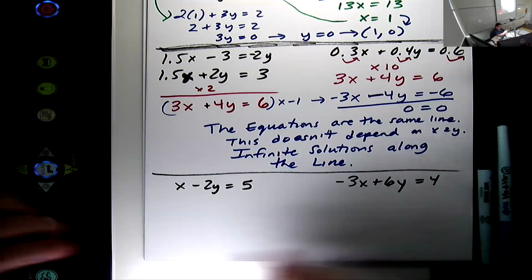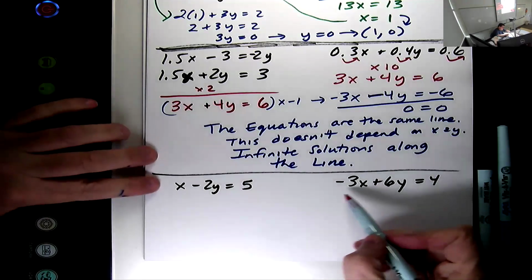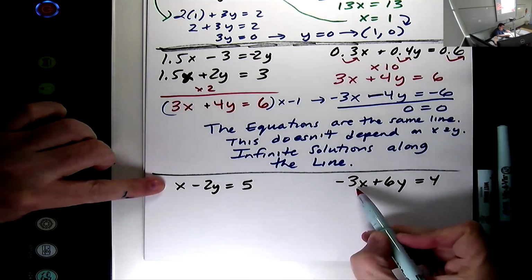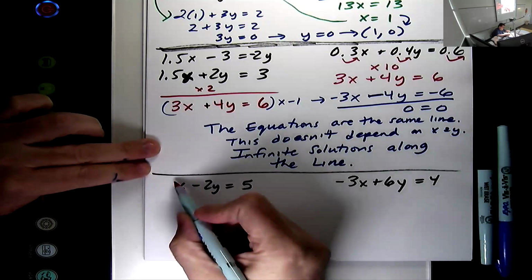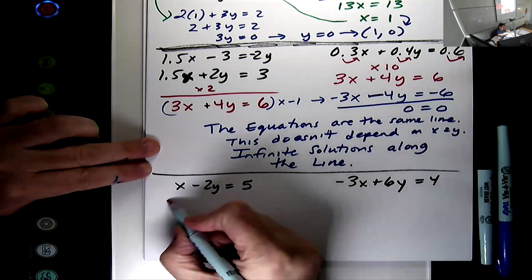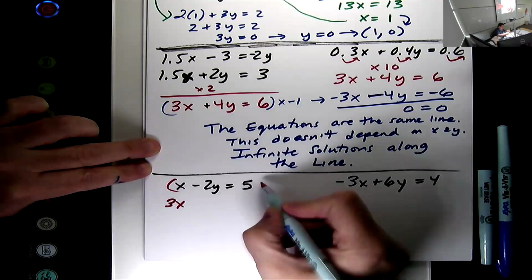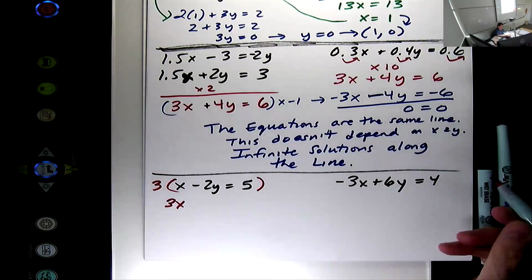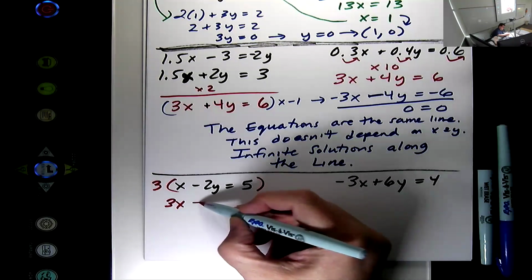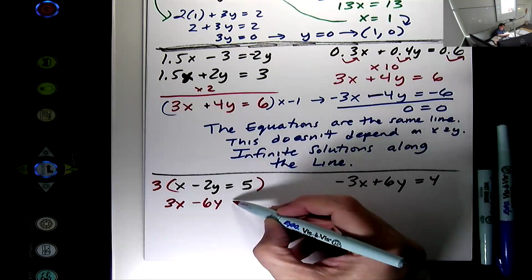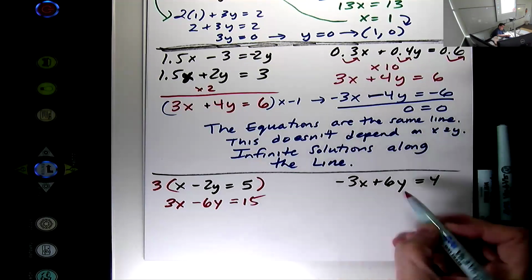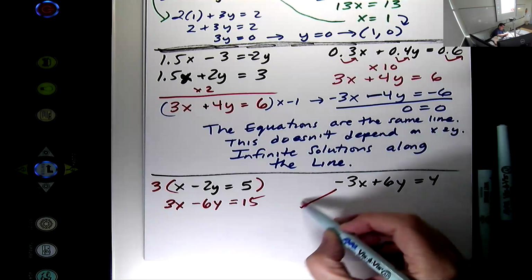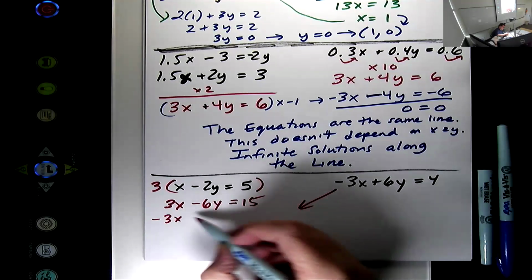If we're gonna get rid of x, I need this one to be equal and opposite of that one. This is negative 3. Since this is negative 3, I want this to be positive 3, which means I need to multiply by 3. So this ends up being 3x minus 6y equals 15. And I'll stack the other one underneath it.